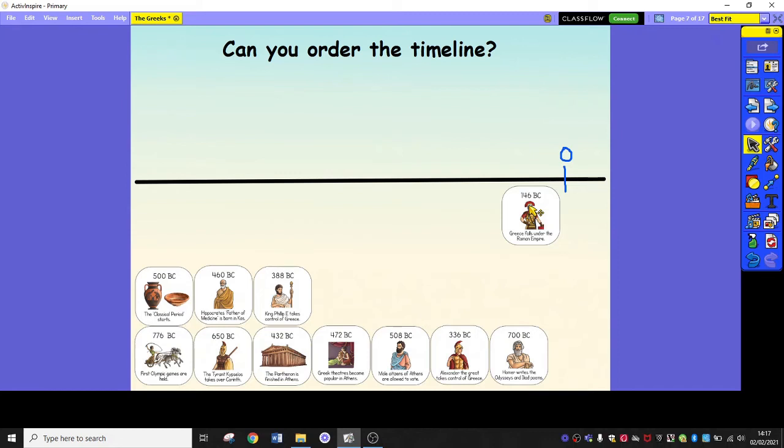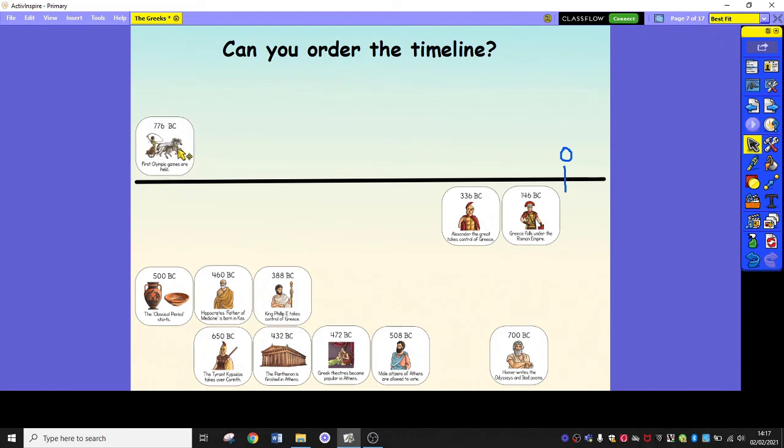I then have to look for the next closest number, which would be 336. The furthest one in the past would be the biggest number. So that would be here at 776 BC, 776 years before Jesus was born. And the others can all fit in.